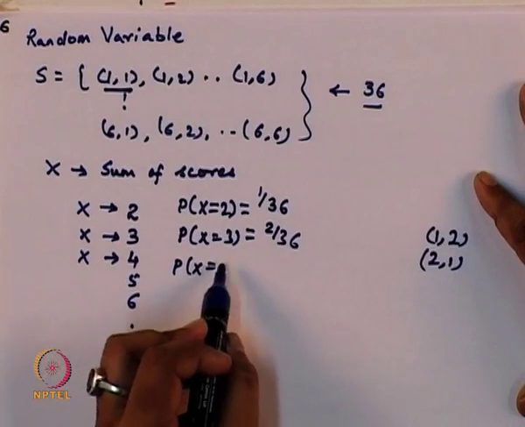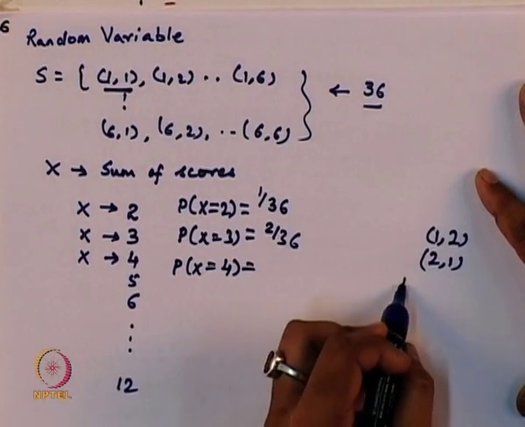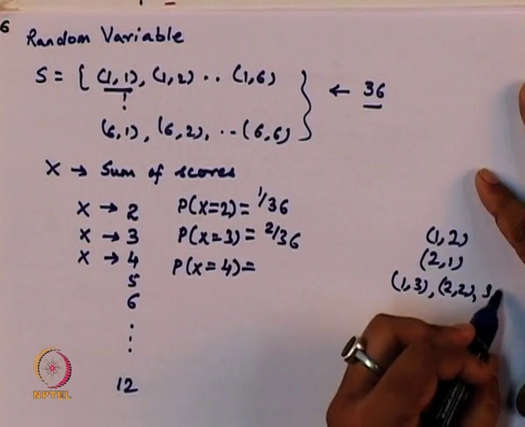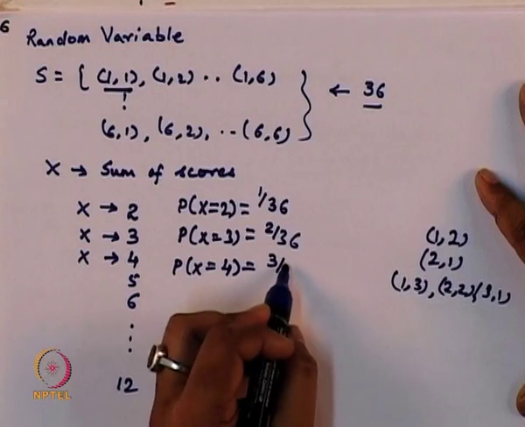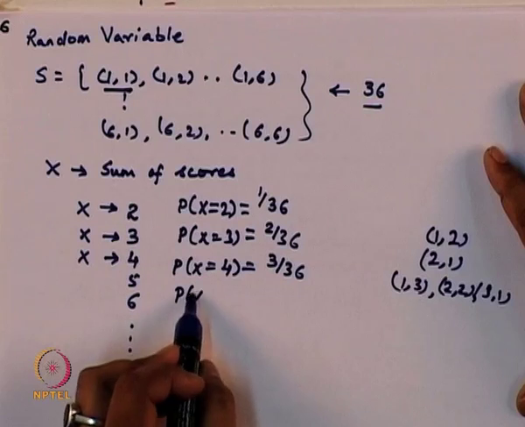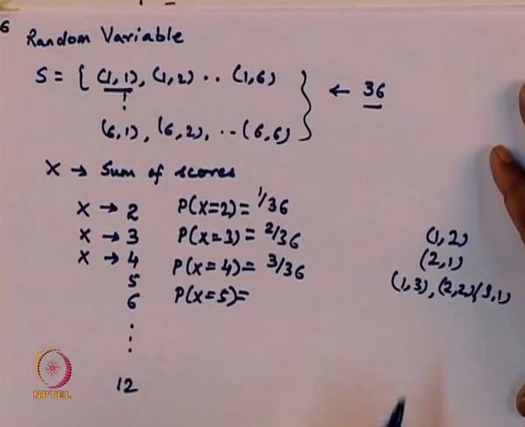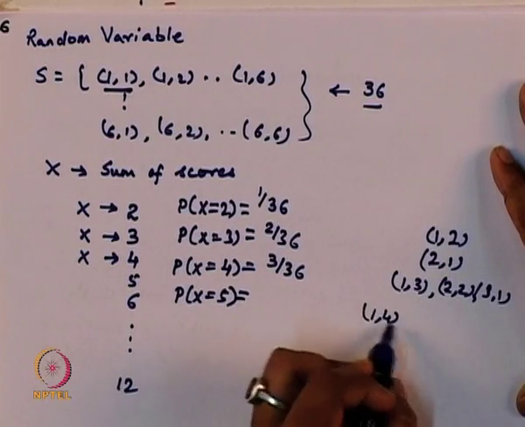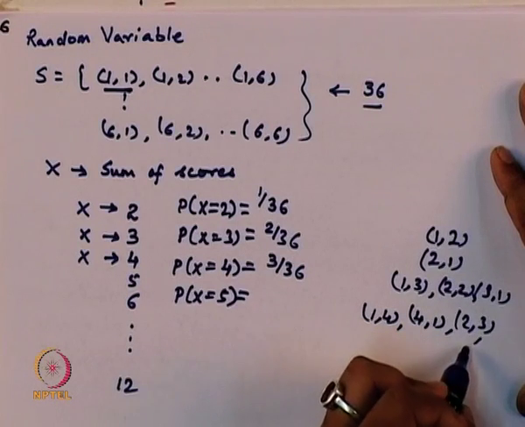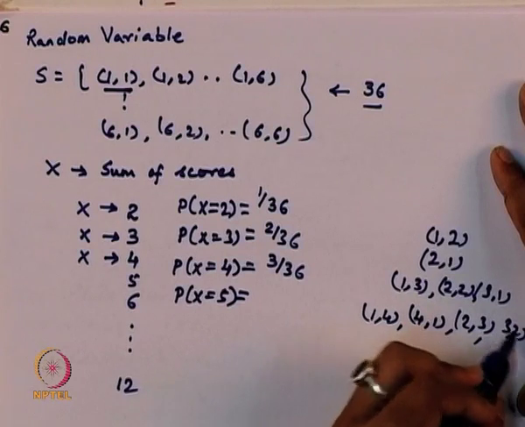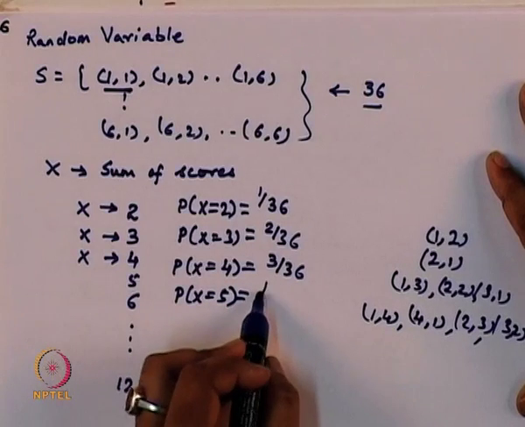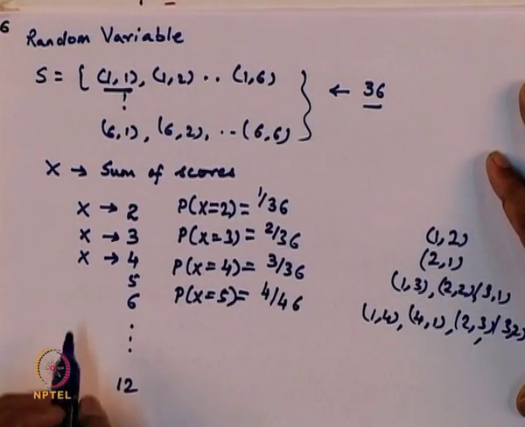Probability of x equal to 4: I have 1 3, 2 2, 3 1, so 3 by 36. Probability of x equal to 5: I have 1 4, 4 1, 2 3, 3 2, so this is 4 by 36.